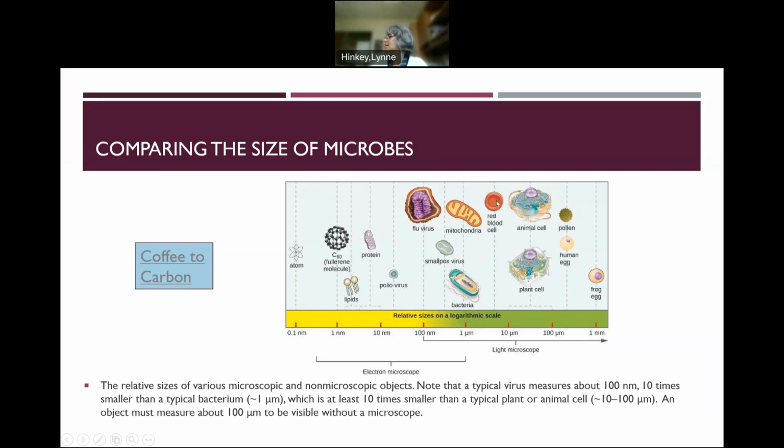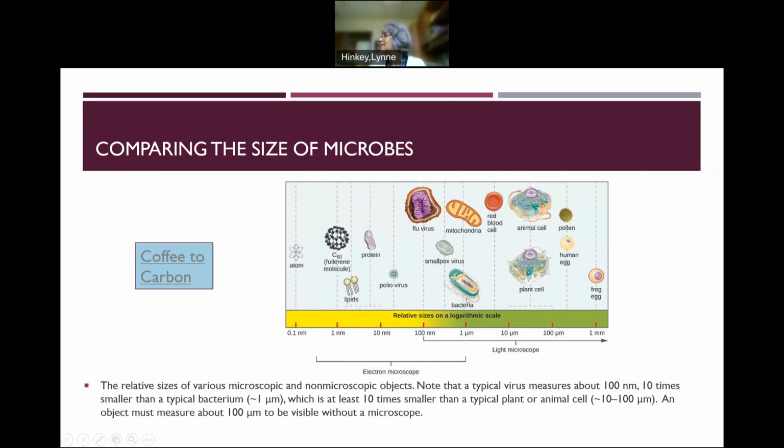So a red blood cell is about 1/10 the size of other animal cells. The mitochondria, an organelle within eukaryotic cells like ours that's responsible for producing energy, is 10, 100, 2 units smaller, about 1/100th the size of the entire cell.